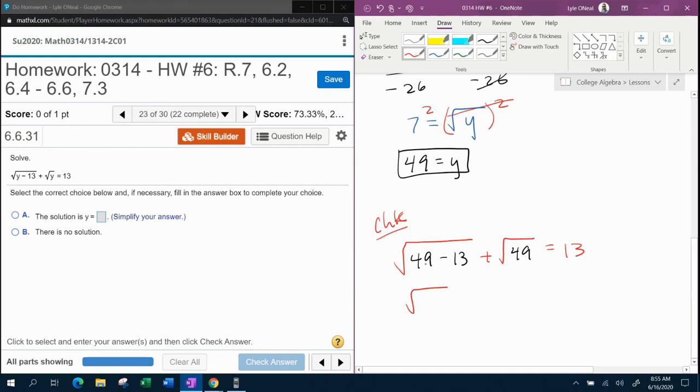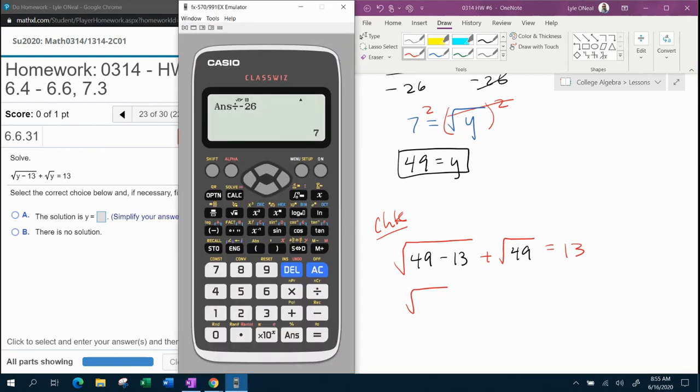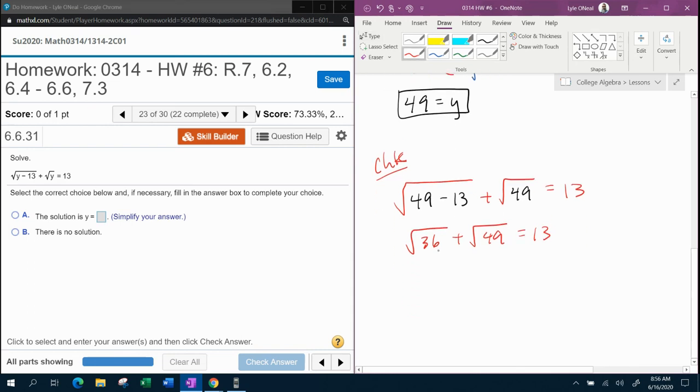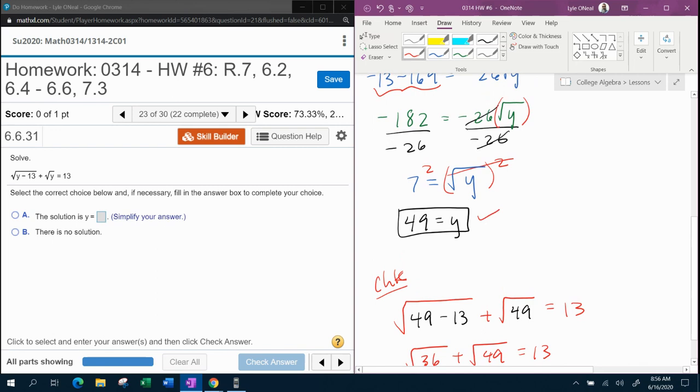All right, so what is 49 minus 13? 49 minus 13 is 36. So that's going to be square root of 36 plus square root of 49 equals 13. Well, the square root of 36 is 6, and the square root of 49 is 7. And I believe 6 plus 7 does indeed equal 13. So that does check out, which means 49 should be the correct solution.